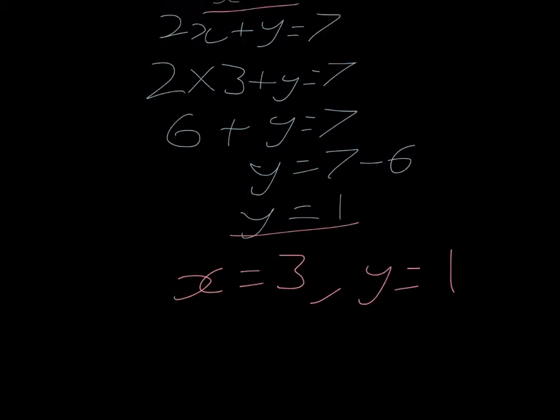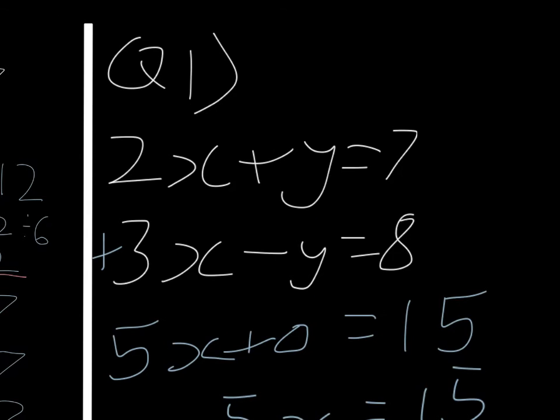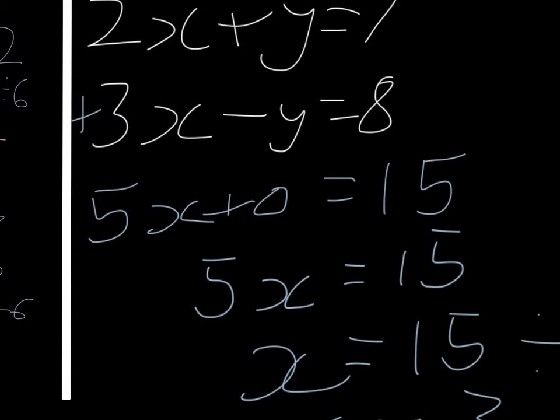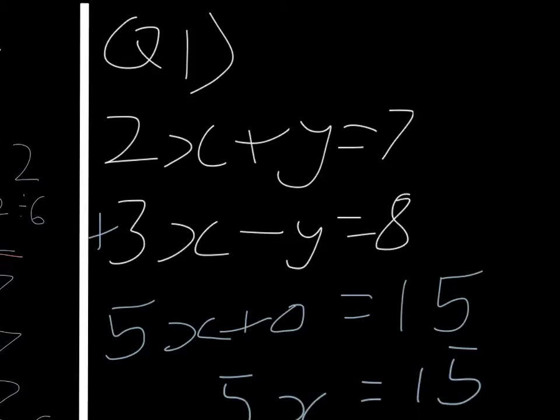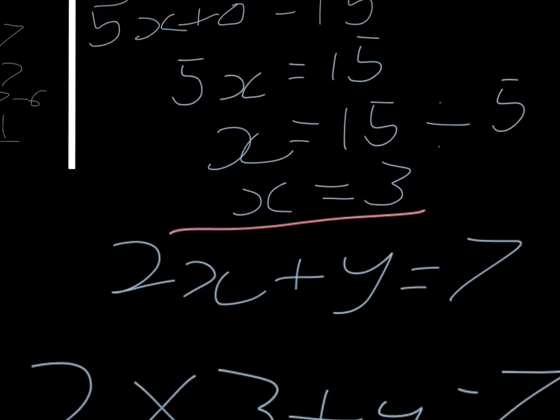Okay, so if you want an overview of all of that, that's sort of our working going down. Well done, you've got the correct answer. Okay, so I've done the working quickly so I can run through it just as you should have added them both together because you've got this plus y and minus y here. After that, you would have got 5x is equal to 15, therefore x is equal to 3, underlining that in the process.